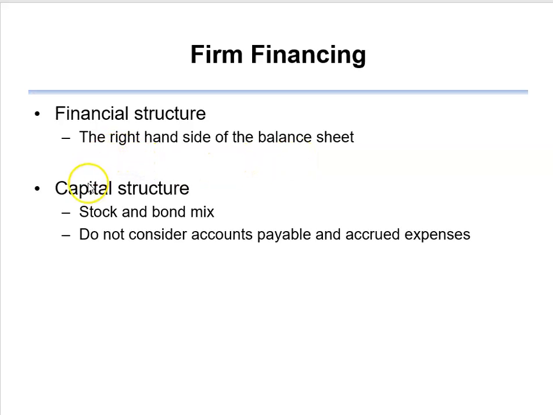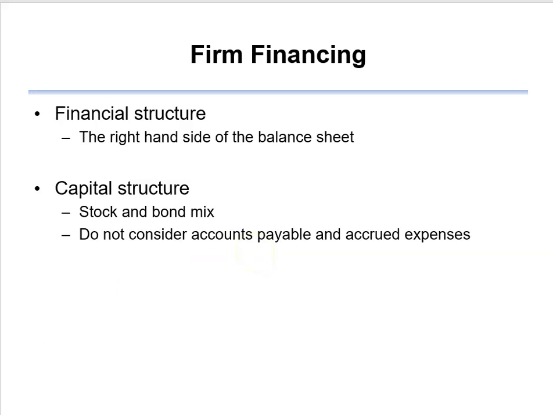If we're looking at just the capital structure, now we're just looking at stocks and bonds. We do not consider accounts payable and accrued expenses as part of the capital structure. We don't really consider those things as part of our financing. They may appear on the balance sheet, but they're not really the financing of the business.